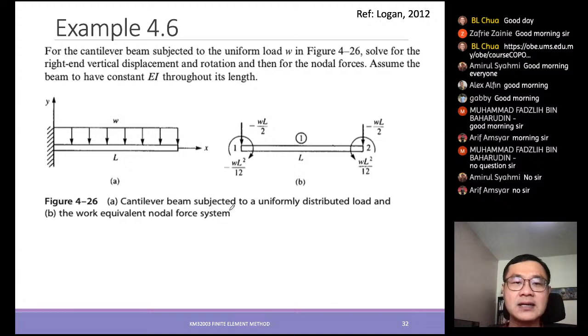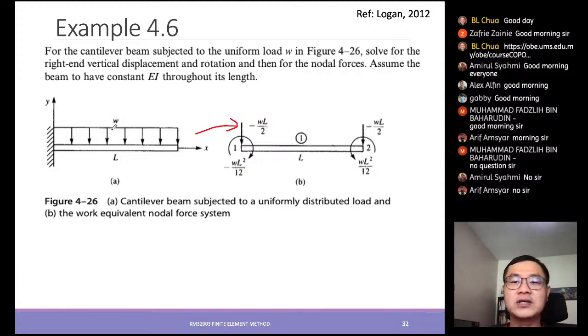So now again, we will go through the idea of transforming this distributed load into the finite element form. This is very straightforward.